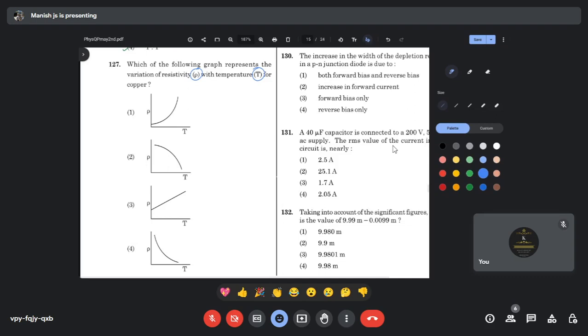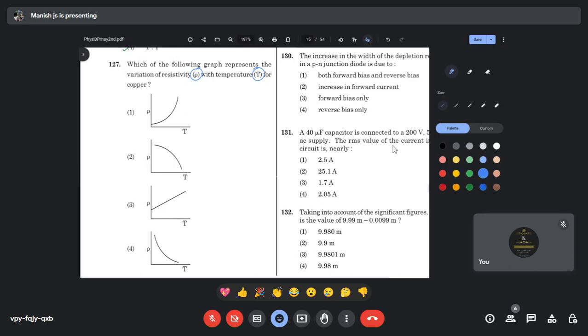So the variation of resistivity of copper with temperature is going to be of a parabolic nature. It is going to increase, because with temperature the resistivity of copper also increases, because R is equal to rho L upon A. That is the relationship that we have.